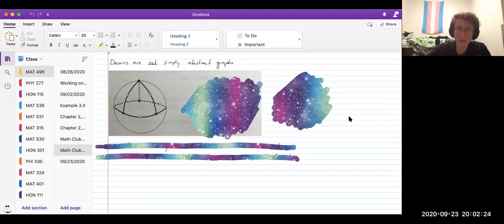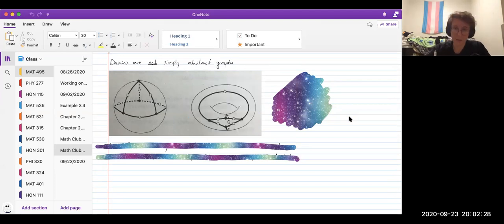And also here you have this other dessin, and this one's on a torus. If you forget about the surfaces and just look at the graphs, like if you imagine those two graphs floating in space, you can bend them around and turn them into the same graph. So they're the same abstract graph, but they're not the same dessin because they're on different surfaces, right?